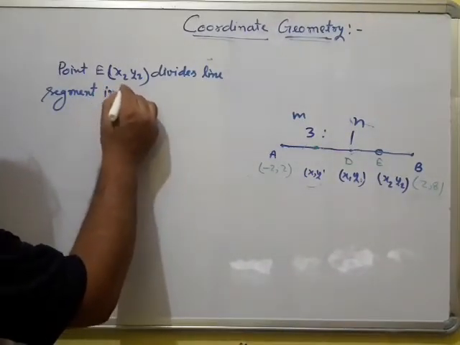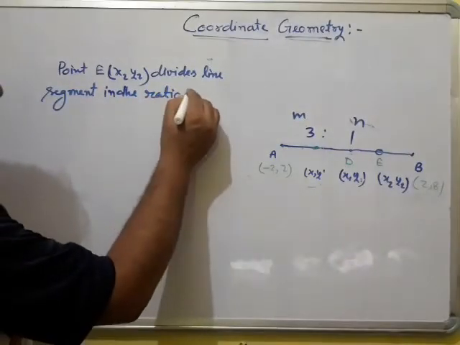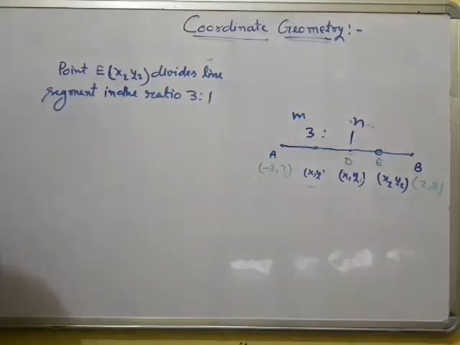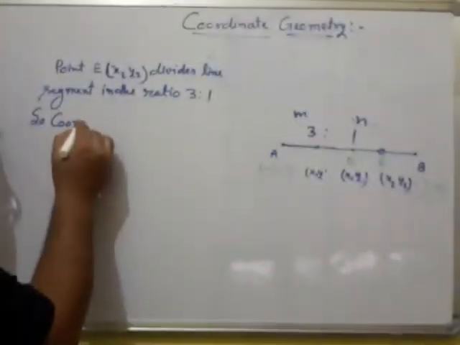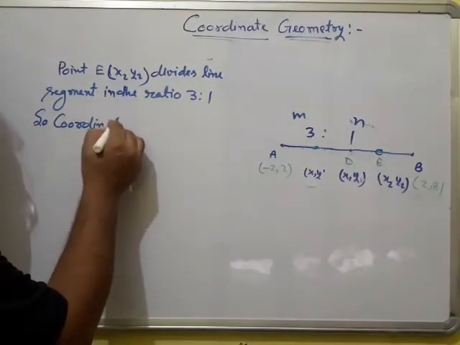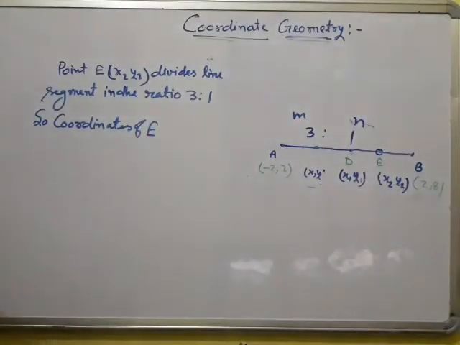In the ratio 3:1. Clear? So here we find the coordinates of E.